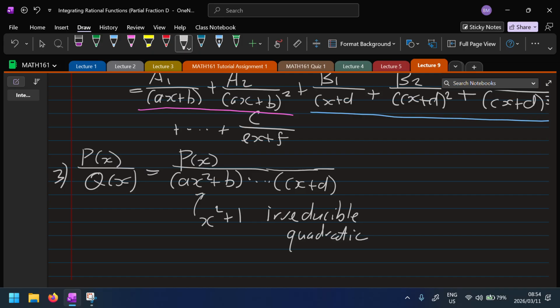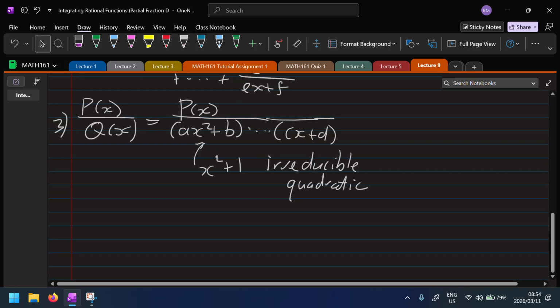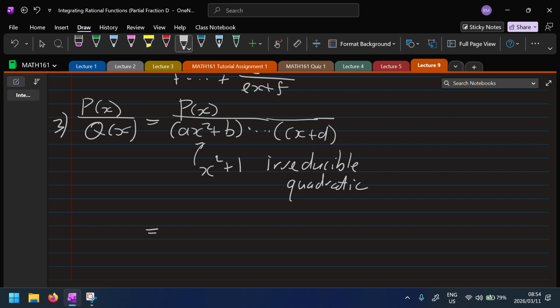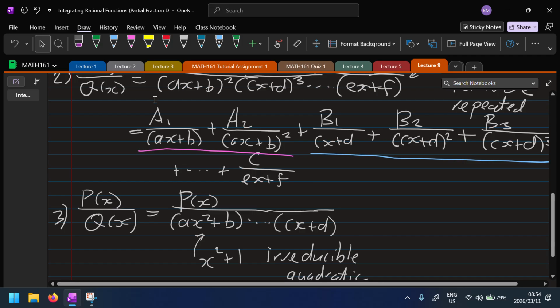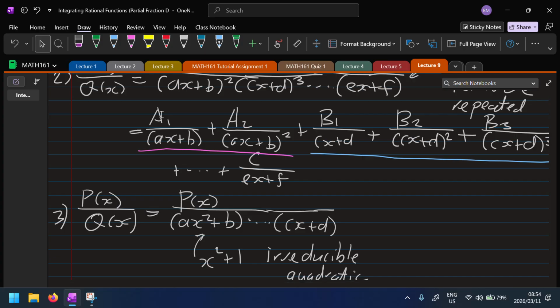Okay, so if we have an irreducible quadratic, what we do is we write it in the following way. Now the bottom part is quadratic. For the top part, we cannot use just a constant anymore. Okay, so if it was linear at the bottom, we could just put a constant at the top. If it's quadratic at the bottom, any guesses what we put at the top? No, not a quadratic.